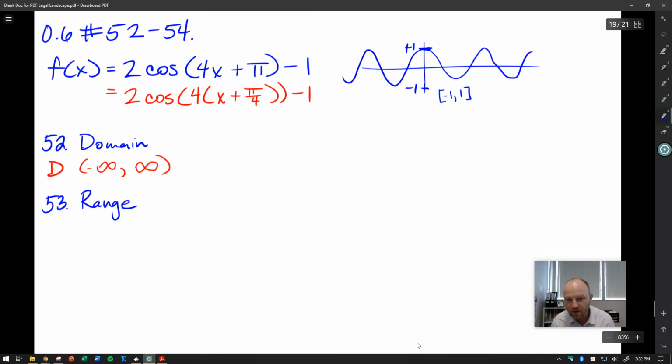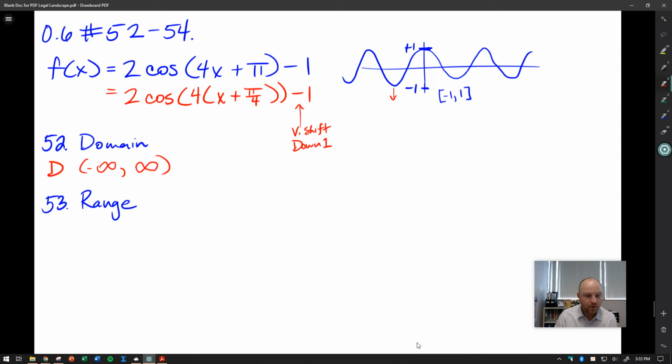This one has, however, been transformed, and there are 2 numbers in this function's rule that we want to pay careful attention to. First up is the -1 at the end of the function. This is a vertical shift down 1 space, down because it's a -1, and that's going to take the entire wave and send it down a little bit. So that's obviously going to affect the range.